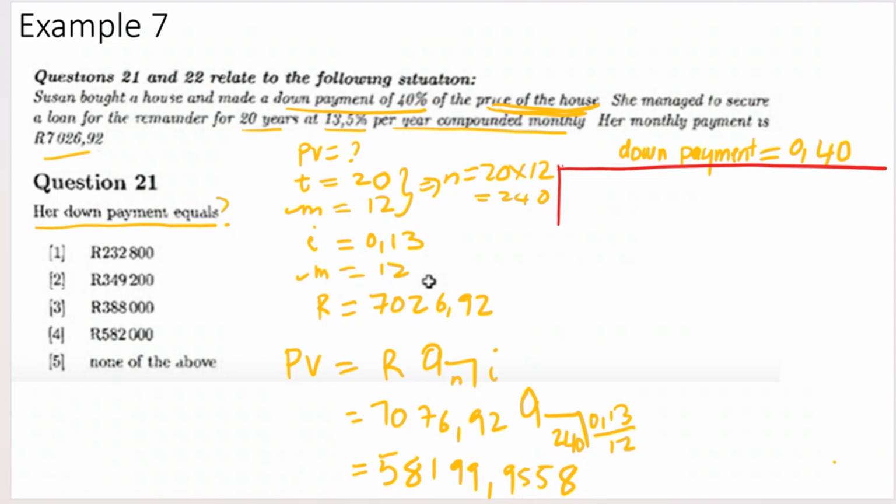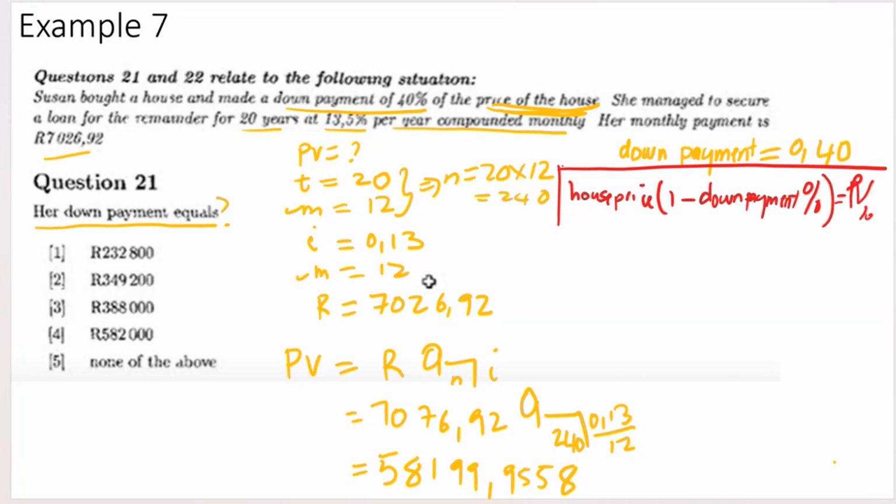Your house price times 1 minus the down payment percentage, the actual percentage, is going to give you the present value of your loan.